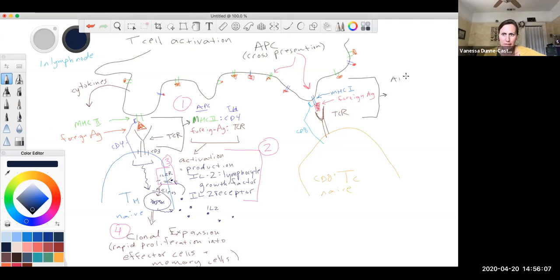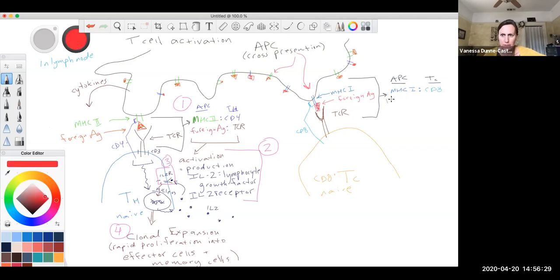On the APC, versus the TC, on the APC we have MHC class 1 that's recognized by the CD8 co-receptor on the cytotoxic T cell.